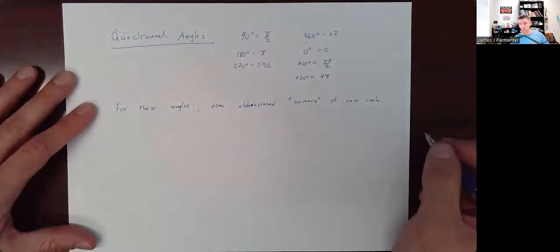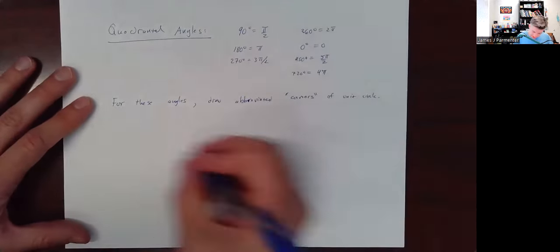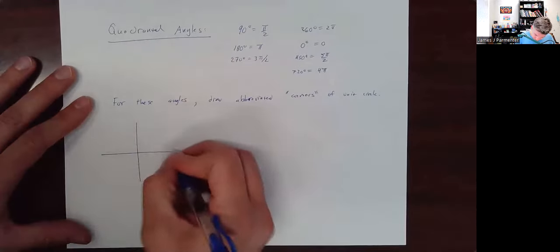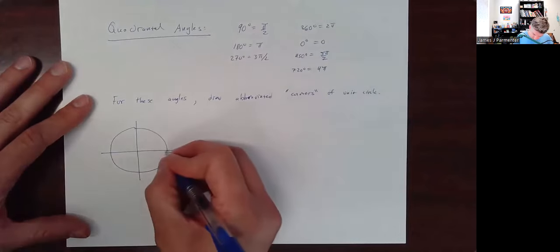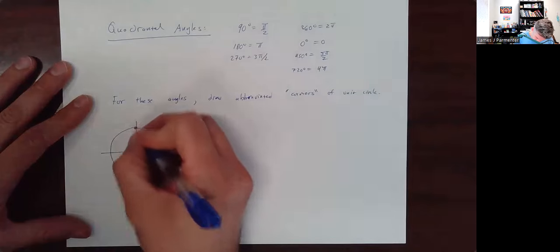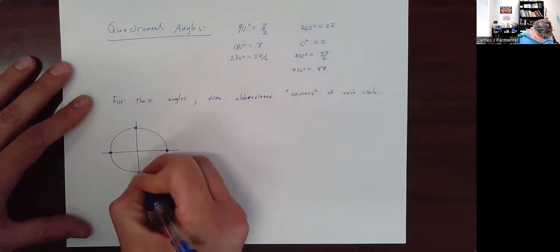Really, you only need to draw the corner that you actually need the angle for, but here's the bigger abbreviated picture. Here's my unit circle, and I'm only caring about these 4 points.